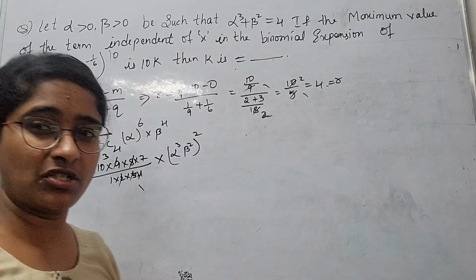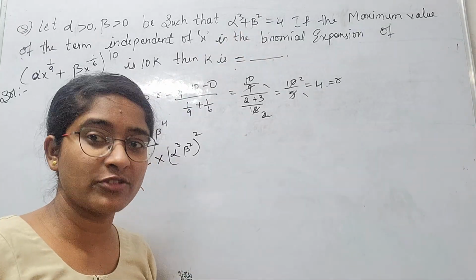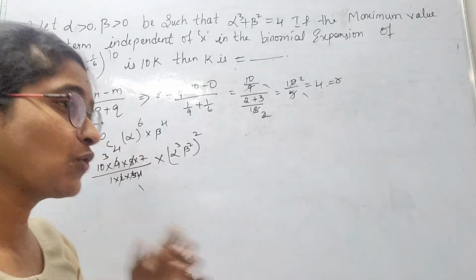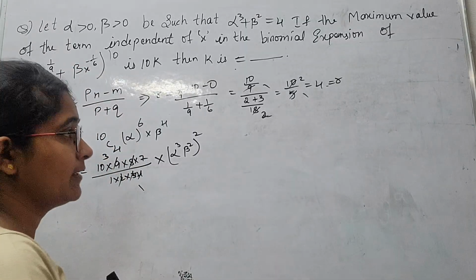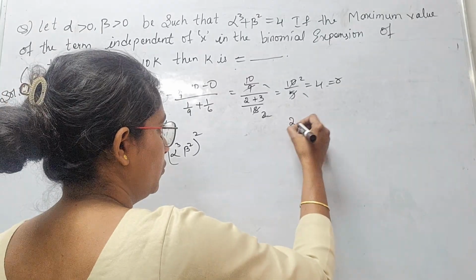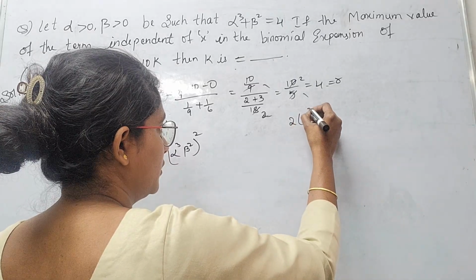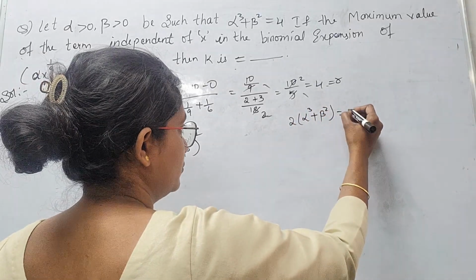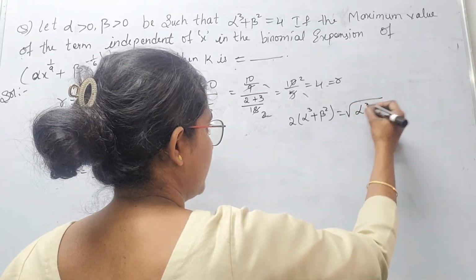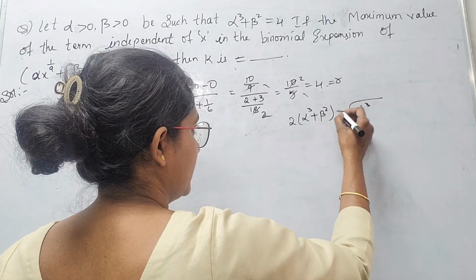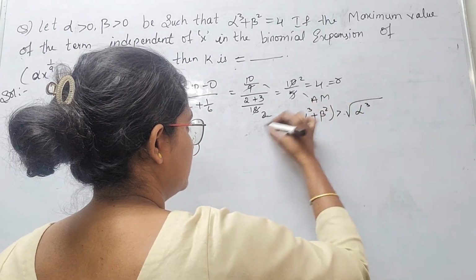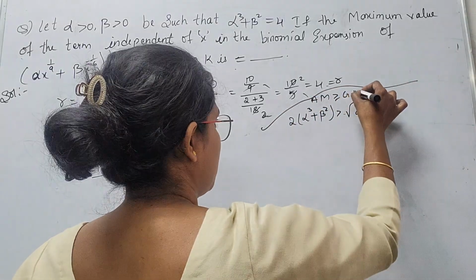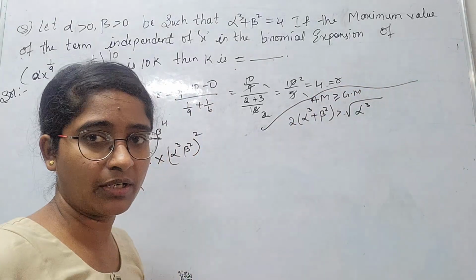So there is a relation between arithmetic means and geometric means. So what is the formula in between that? See, AM is greater than or equal to GM. Arithmetic mean is greater than or equal to geometric mean.